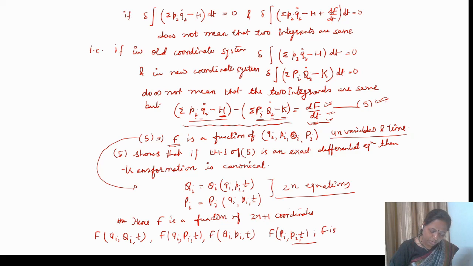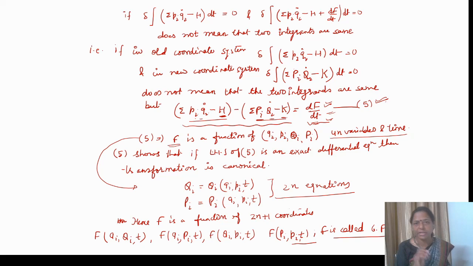F is called, there is a particular way to write these 4, and those are designated as f1, f2, f3, f4. So there is a specific way to write these 4. F is called generating function.